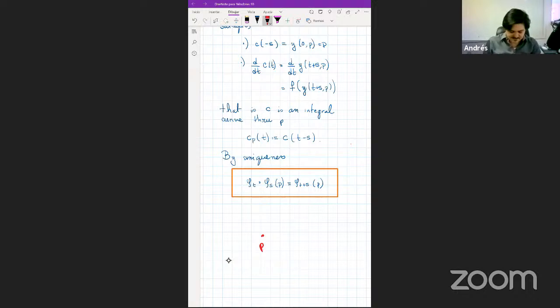I have P, and this is the integral curve through P. So maybe here it is at point T, maybe here it is at point S, at time S. That curve is my integral curve of the vector field.